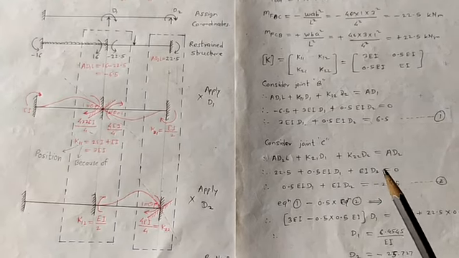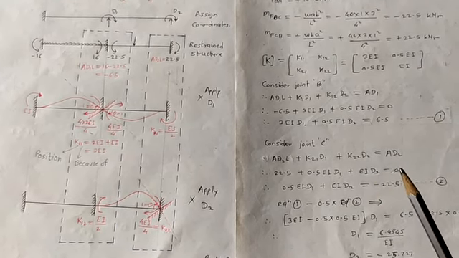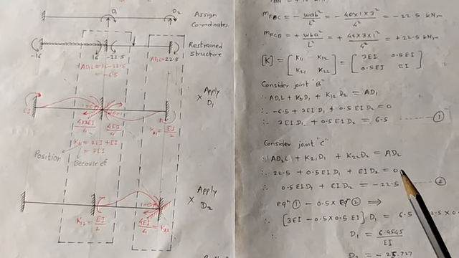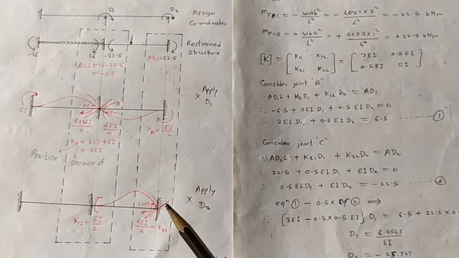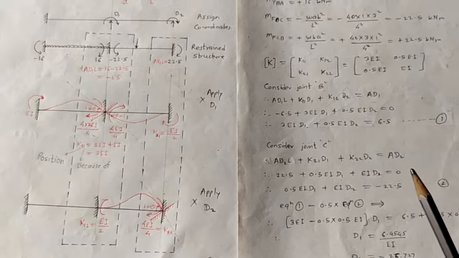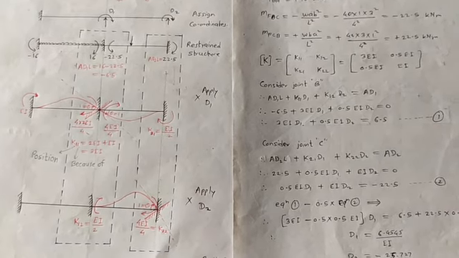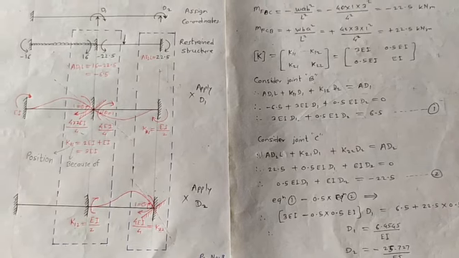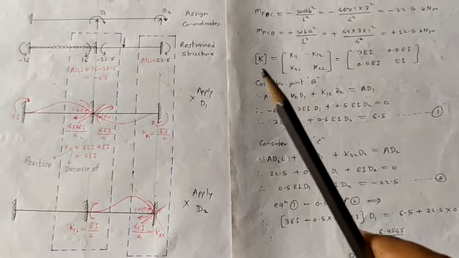That is to be equal to the applied moment. At joint C there is no applied moment, that's why that is equal to 0.